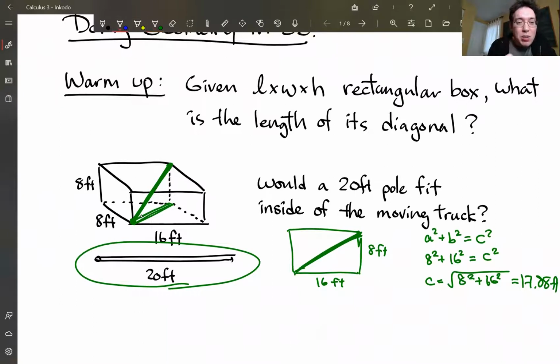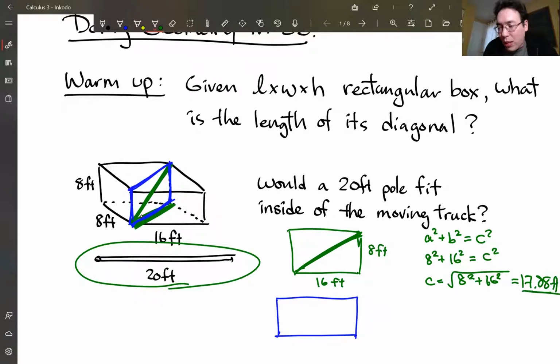Well, we could do the two-dimensional problem again, right? So what I want you to imagine is to look at this two-dimensional plane that cuts through the rectangular container in a diagonal way. So if we look at this diagonal rectangle, now the bottom of this blue rectangle is this length right there, 17.88 feet.